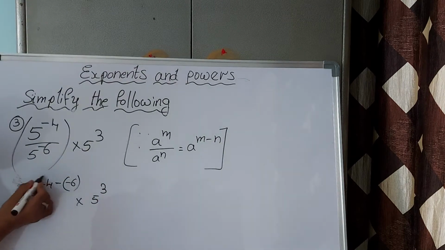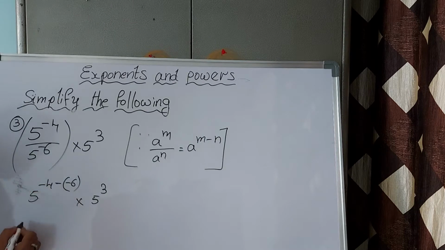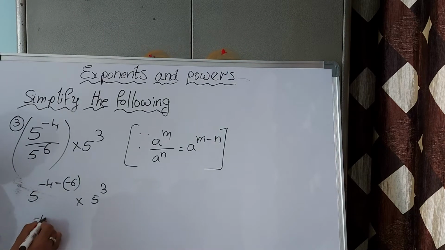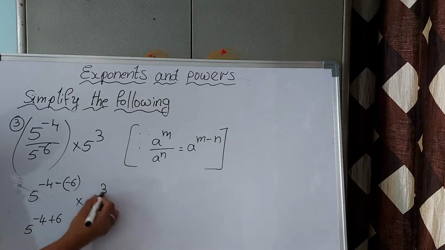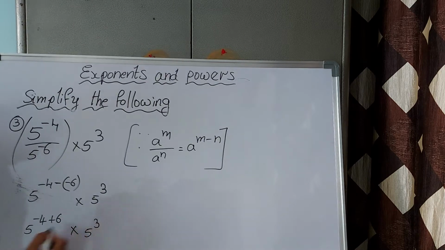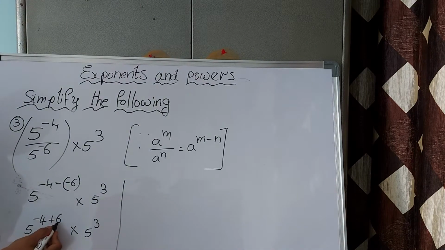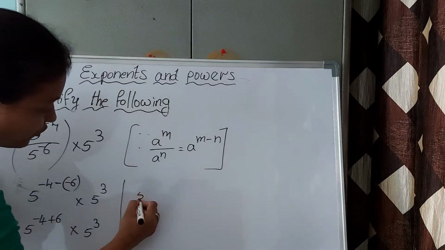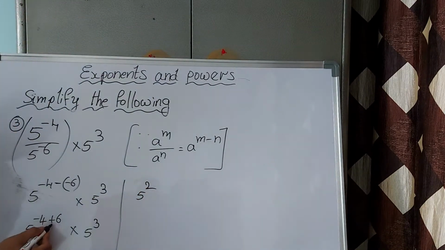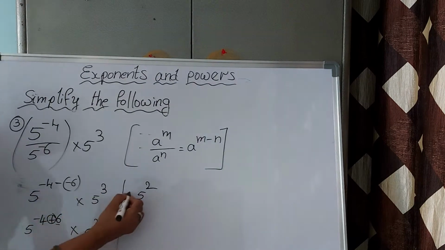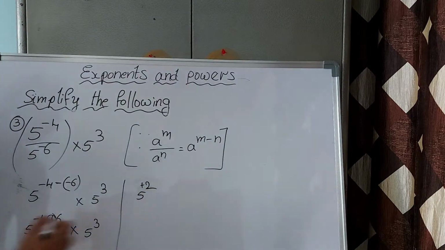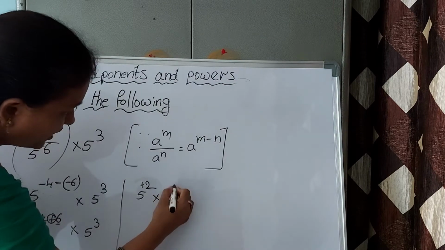Now minus into minus is plus, so 5 power minus 4 plus 6 into 5 cube. Now this one: different signs, so subtraction, 6 minus 4 is 2. Before the bigger number there is a plus symbol, so put plus 2. 5 square into 5 cube.